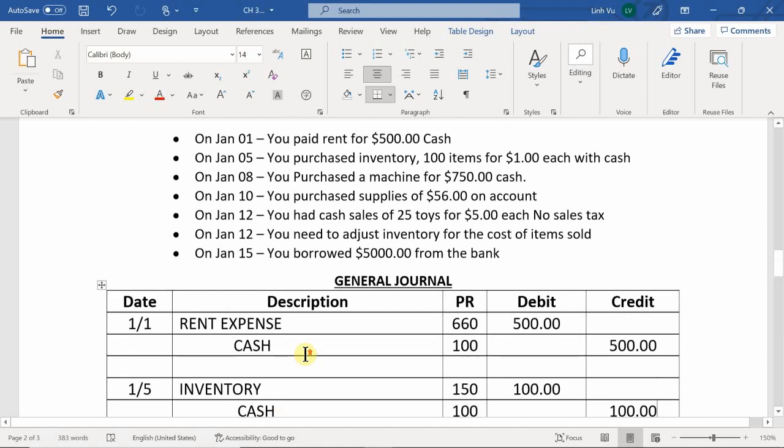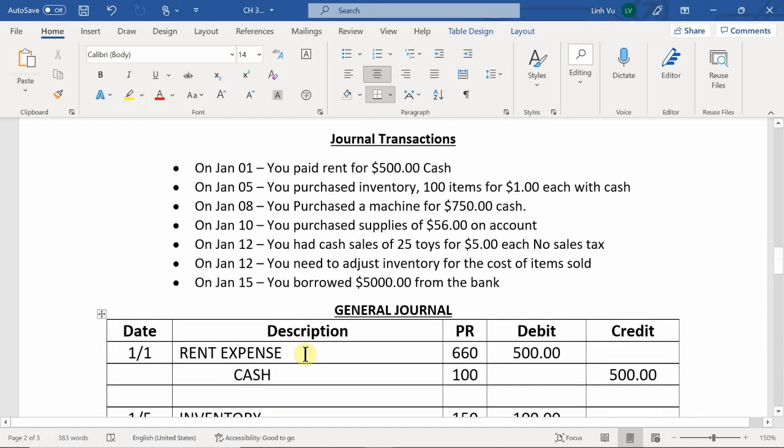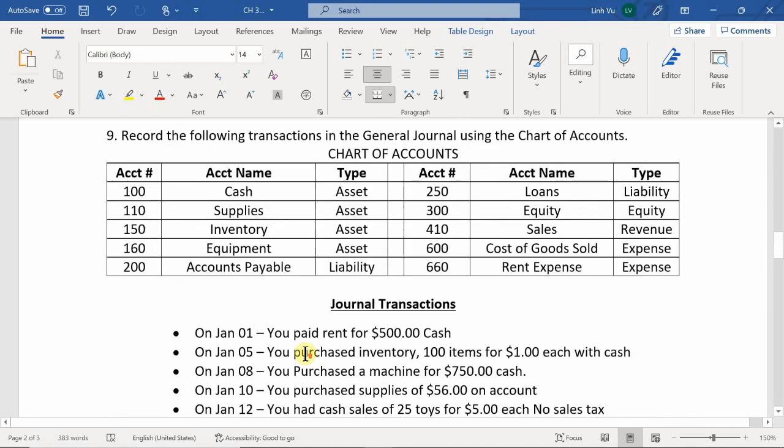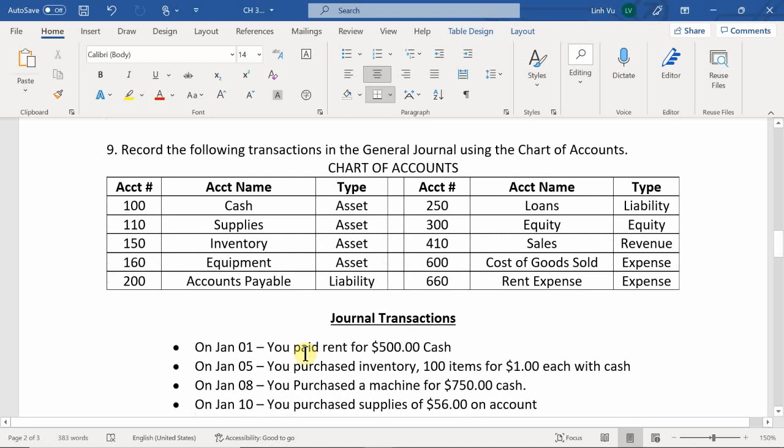All right, so let's see the next transaction. On January 8th, you purchased a machine for $750 with cash. So in this case, I bought a machine and I bought it with cash. So where would machine be placed? 160. Machine would be considered an equipment, because the purpose of it is to operate my business.